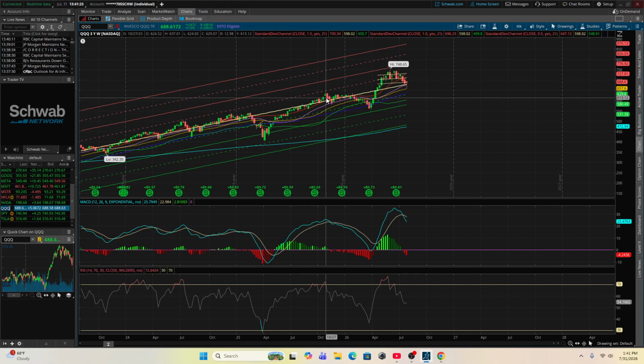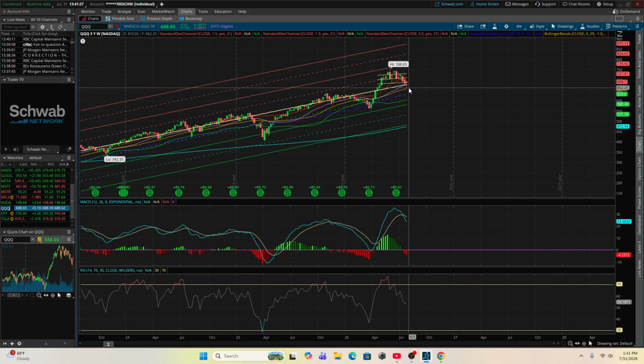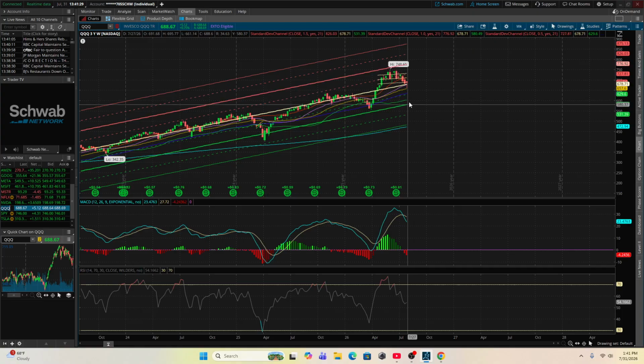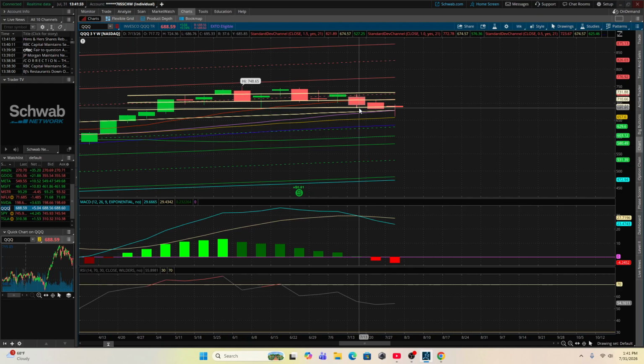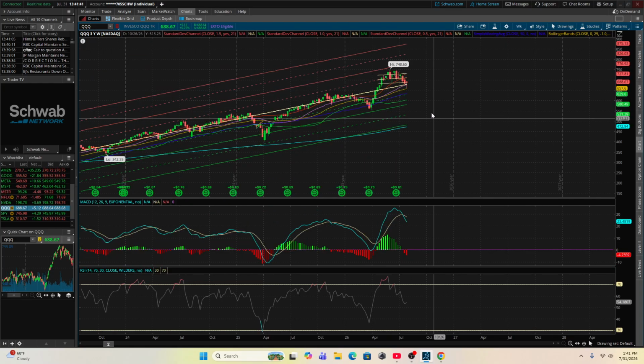I expect it to do something more significant, more threat to the downside, even if in these entire bars and candles throughout the week it travels from, say, 684 up to 725. Ultimately, this is rounding and it's heading in a downwards direction.